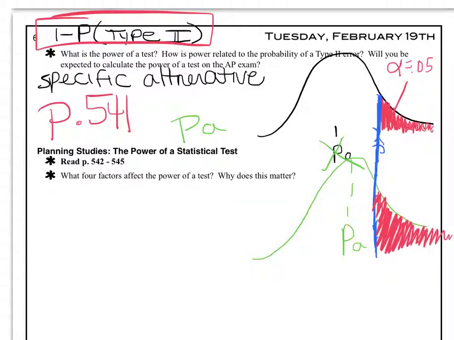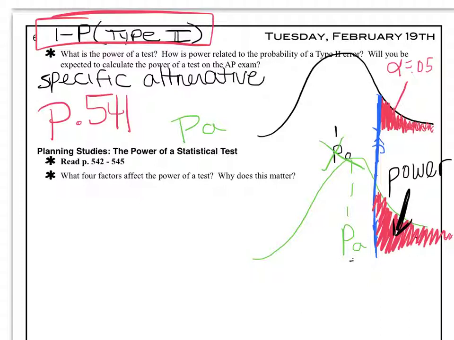So all of this would be rejected if I was projecting based on the same value as here, when I'm assuming P sub 0. This probability right here, whatever this probability is, that's our power. That's the probability that we would reject it if this was the true value.